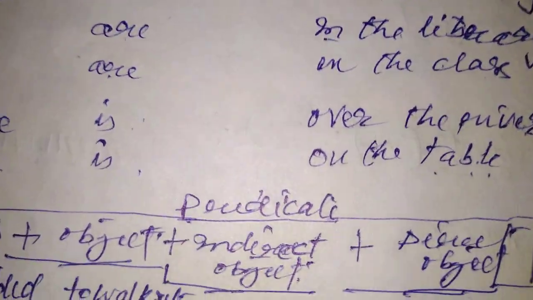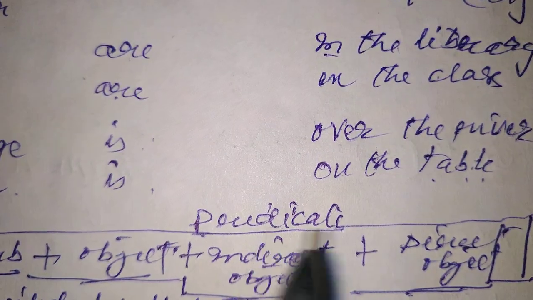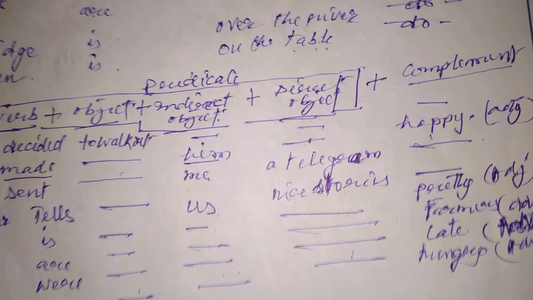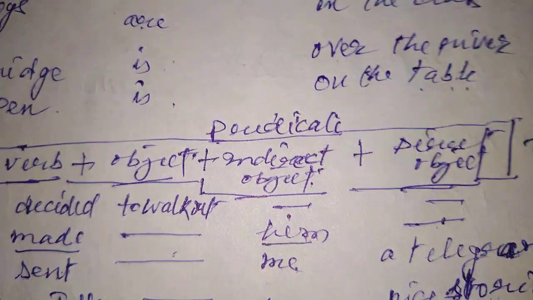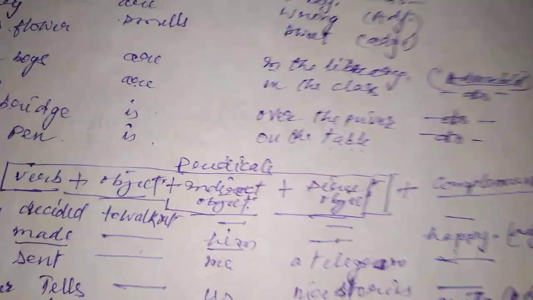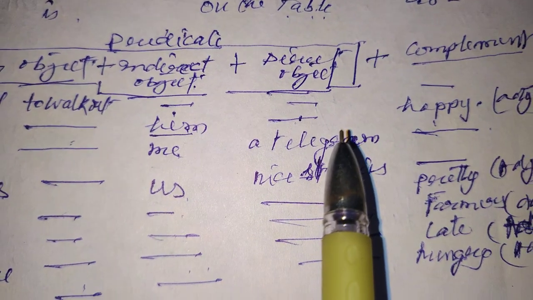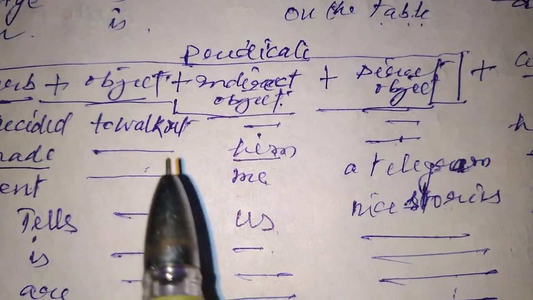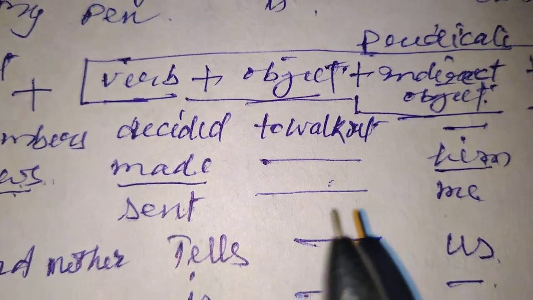And then lastly we studied subject and predicate and the complements, whether we will use them or not, where we omit complement, where we omit direct object or indirect object, or the object.